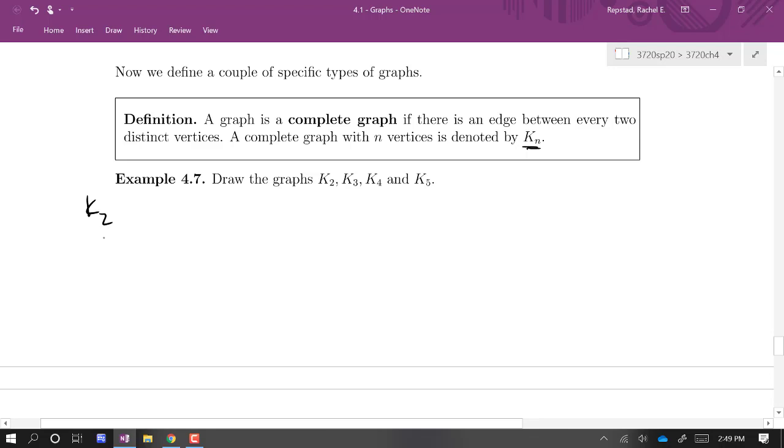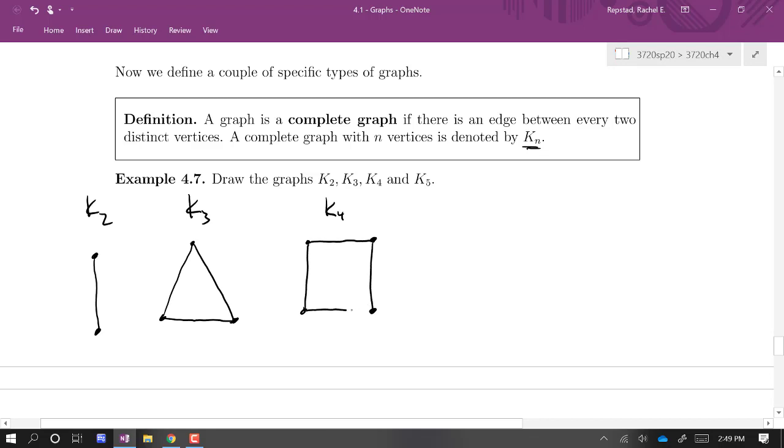So K2, I've got 2 vertices. Now with 2 vertices, there's only one edge I can draw, so there's K2. K3, I've got 3 vertices. I'm going to draw every possible edge, and that's all the edges we can draw. K4, starting with 4 vertices. So I've got those, and then I can draw a couple more edges.